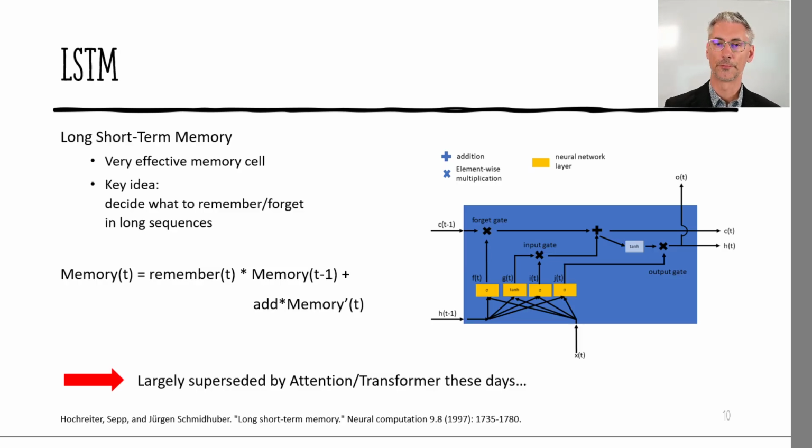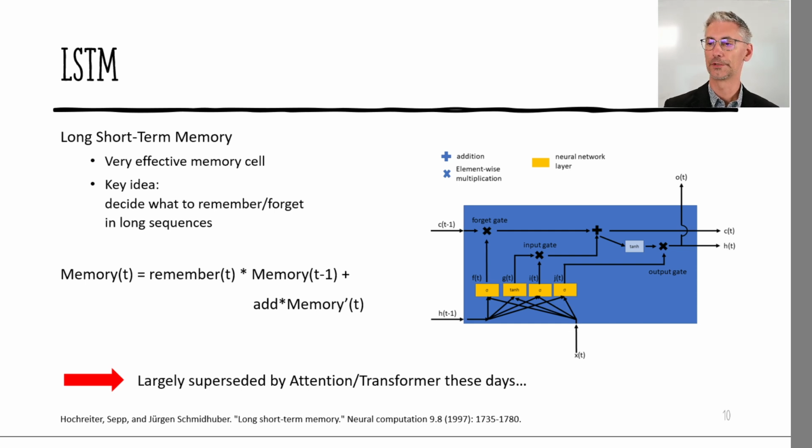The long short-term memory, or LSTM for short, is one of these very effective memory cells. This is one of the building blocks that we have seen in the decoder and encoder part. The key idea of the setup here is that we can decide what to forget and what to remember in long sequences. So we introduce a very efficient memory.